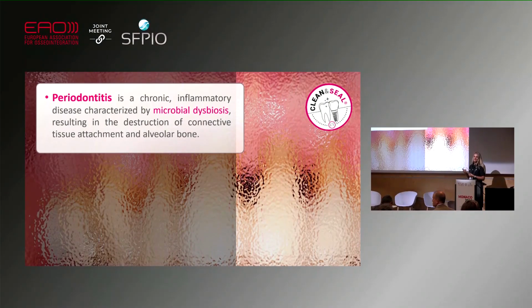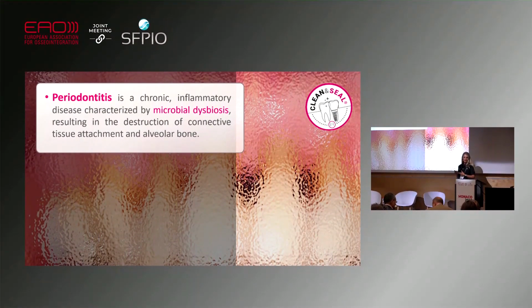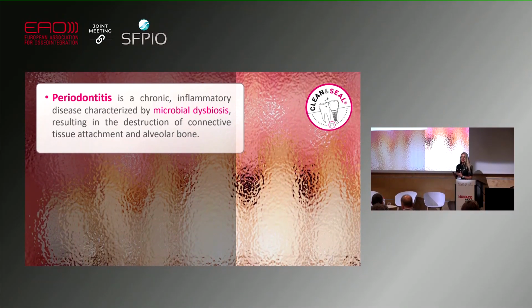a chronic inflammatory disease that is associated with microbial dysbiosis. And if untreated, it leads to the destruction of the connective tissue and attachment loss, and ultimately premature teeth loss. We have to talk about it, and this is a major problem worldwide. Why?